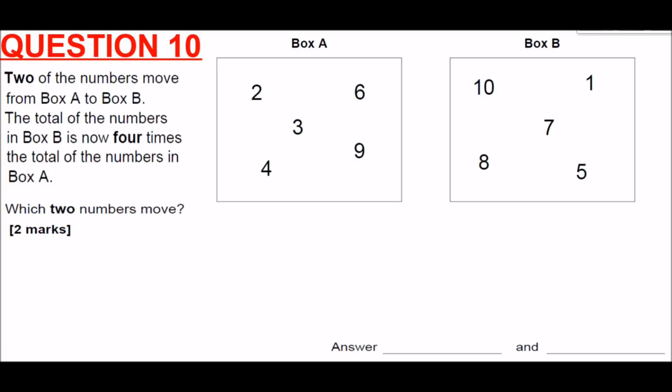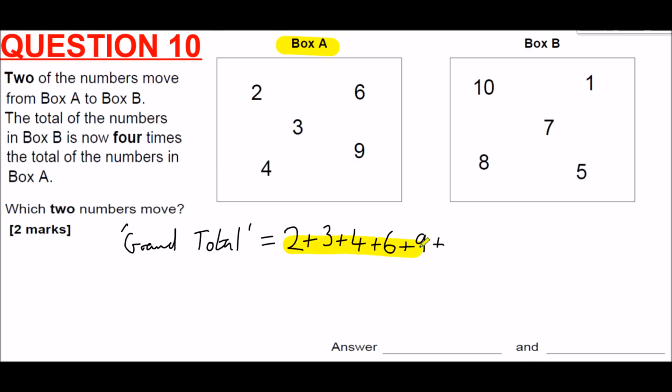What I would suggest would be to work out the grand total of what's in box A and box B. So box A first, 2 plus 3 plus 4 plus 6 plus 9. Then box B, we've got another 5 numbers to consider.